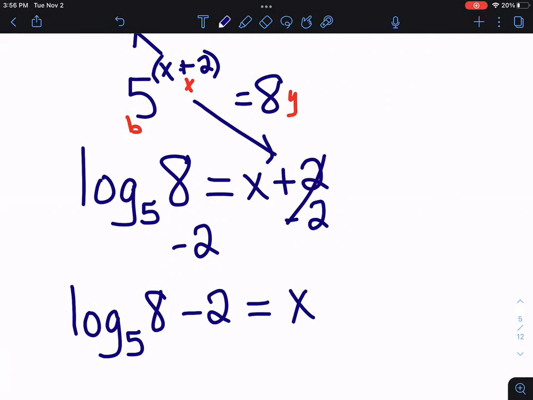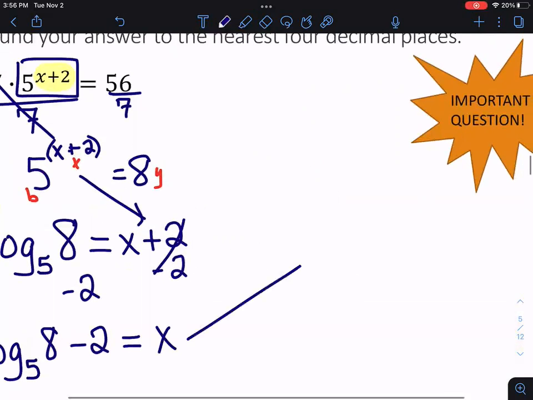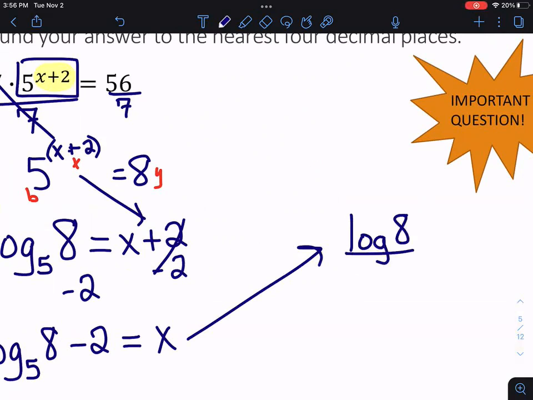I want to now use my calculator in order to type this into my calculator. I'm going to have to type log base 10 of 8 divided by log base 10 of 5, all of that's going to go in parentheses and then your minus 2.